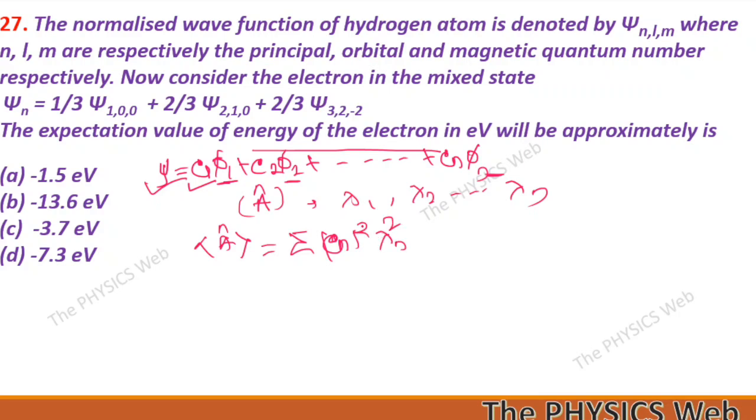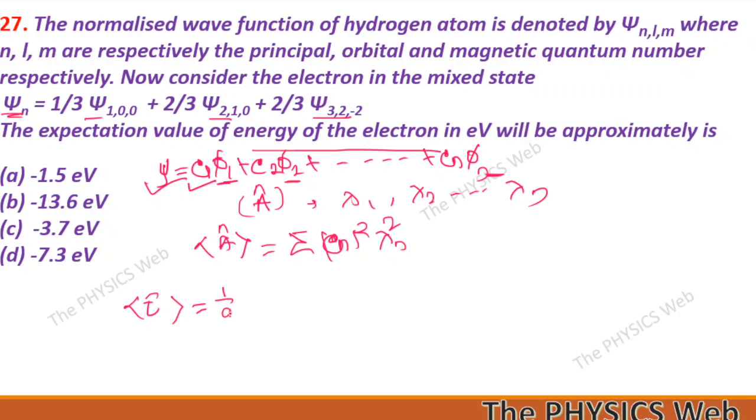So you can see psi 100, psi 210, psi 32 minus 2 are eigenfunctions of energy. So you can calculate the expectation value of energy corresponding to this psi.